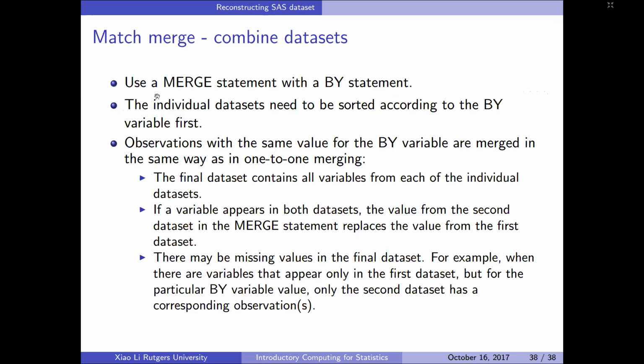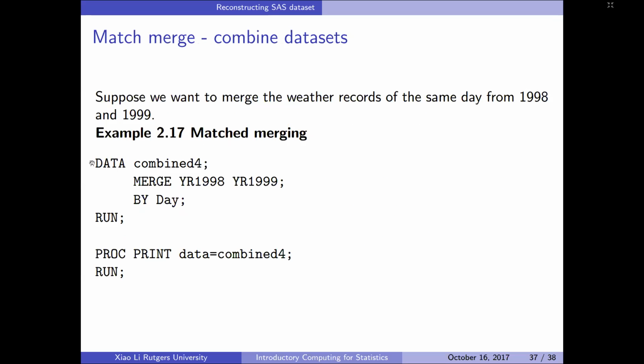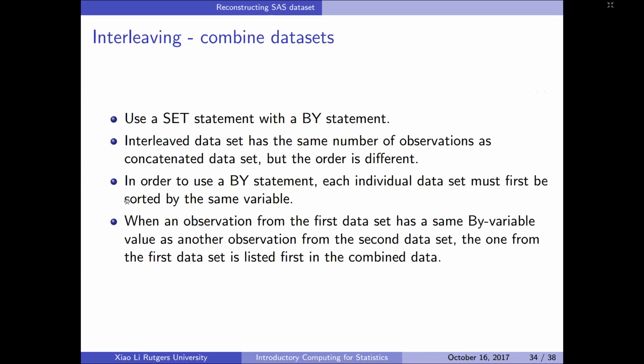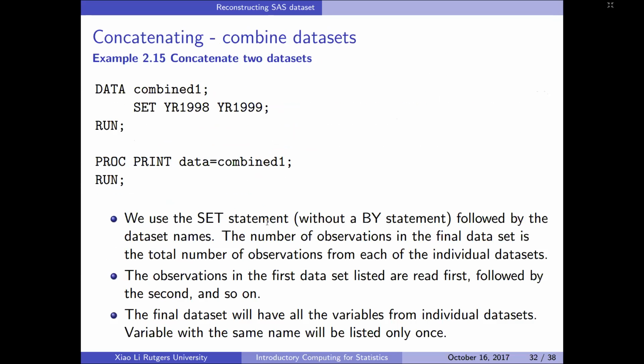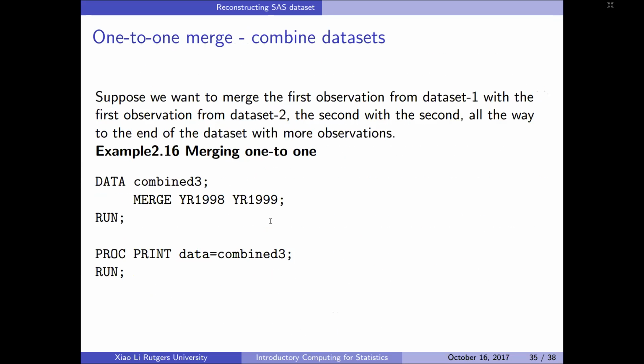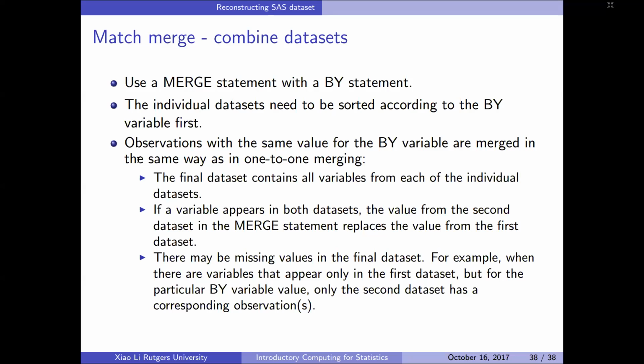Here are some notes about how to use match merging when combining different datasets. We should always use the merge statement with a by statement, and the individual datasets need to be sorted according to the by variables first. That is, even if we use this one, we have to perform these two procedure steps first to sort our two different datasets. Observations with the same value for the by variables are merged in the same way as the one-to-one merging.